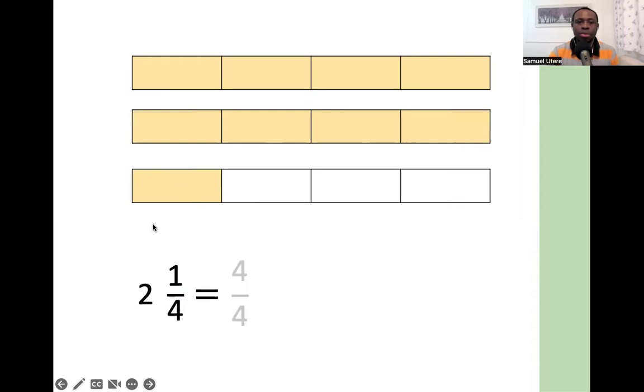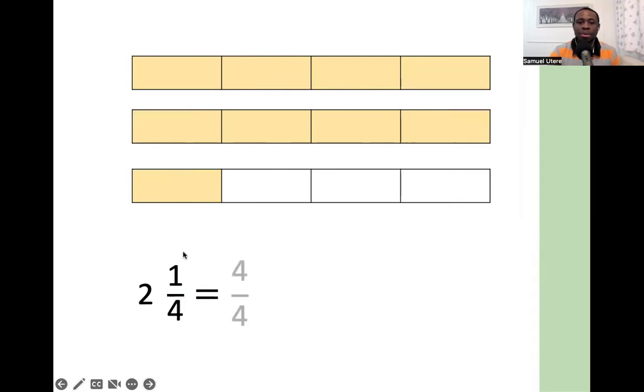But if we want to convert it into an improper fraction, we have to consider the number of parts that are shaded. We know the denominator will definitely be 4. So let's look at the total number of parts that are shaded.